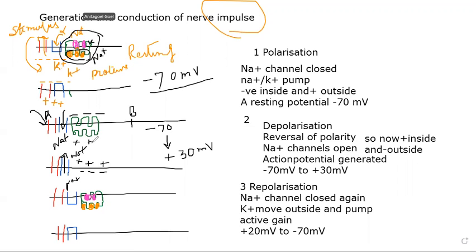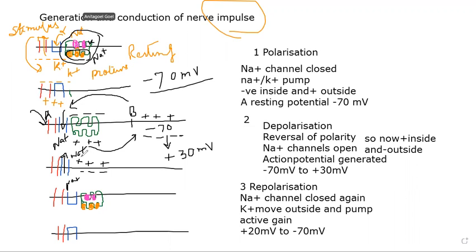Now at the point B, it is still negative inside and positive outside. So inside the axoplasm, this action potential or the ion movement will be from the point A to B, and outside, this is going to be from B to A.